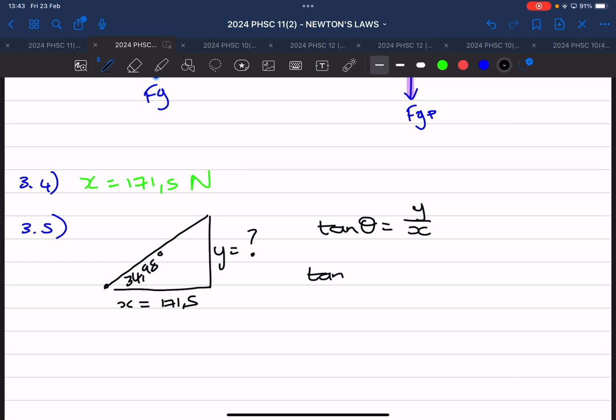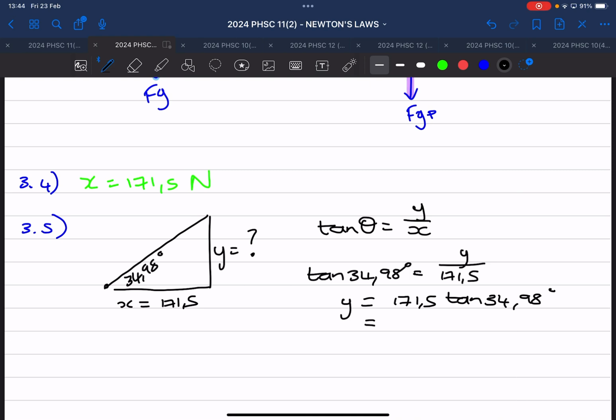So the tan of 34.98 is y over 171.5. 119.996.